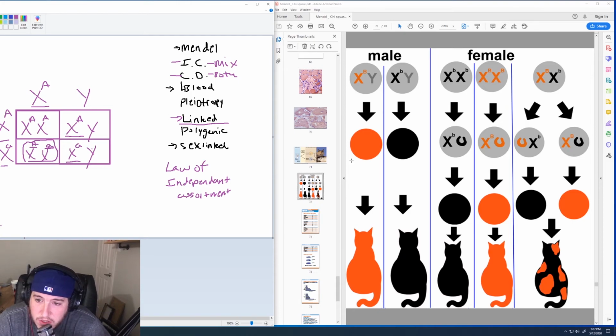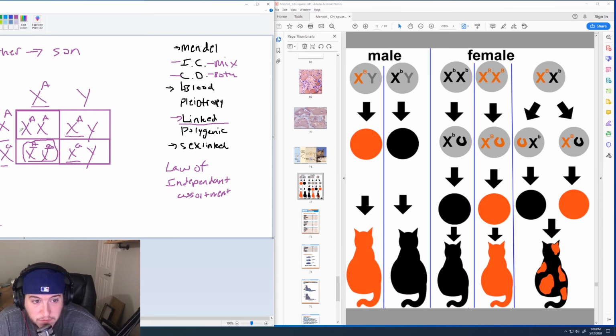So what you have to remember about sex-linked is that you can't just do it like a normal Punnett square. You have to only do it on the X chromosomes, and you have to set up your X's and Y's accordingly. And remember, you can always determine if a trait is sex-linked if the mother has the trait and a son has the trait, then it is a sex-linked disorder.